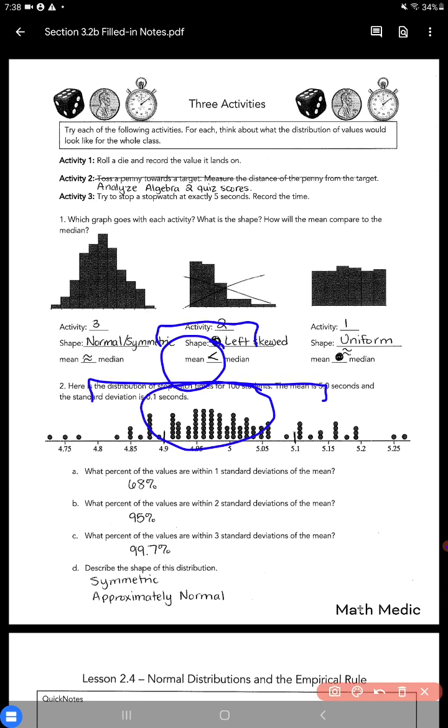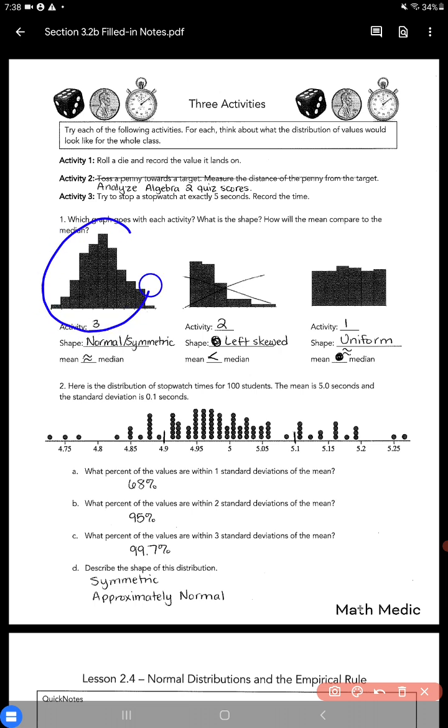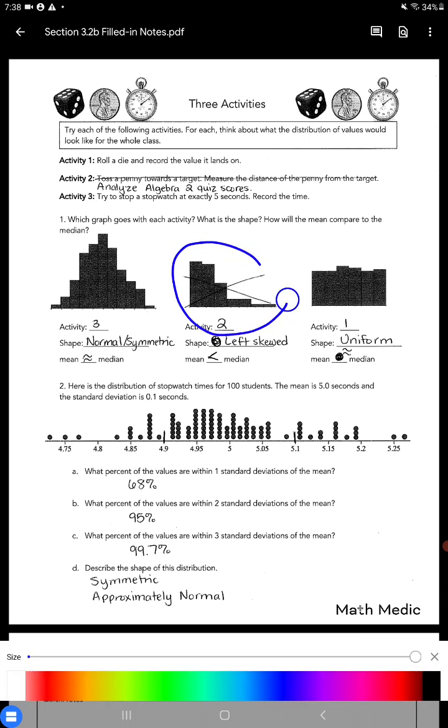So if I saw a data set that looked like this right here, I could use the empirical rule. Okay? And it doesn't have to be perfect, but it needs to be close. However, if I saw data sets that looked like this or like this, the empirical rule would not work. That's when I would pull out what is called Chebyshev's inequality. Okay? Chebyshev's works for any distribution, no matter the shape.